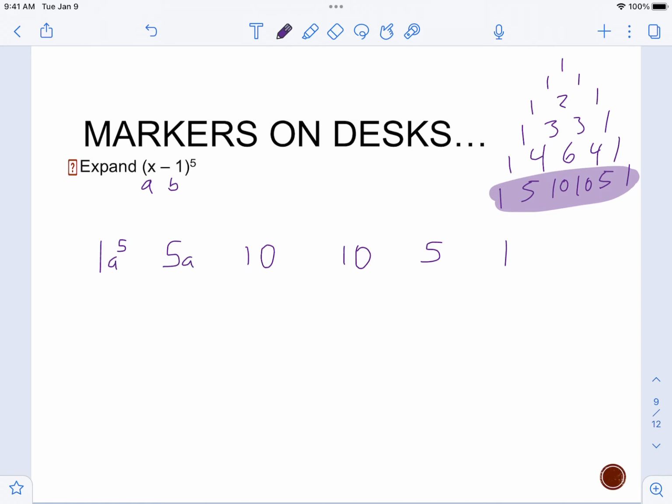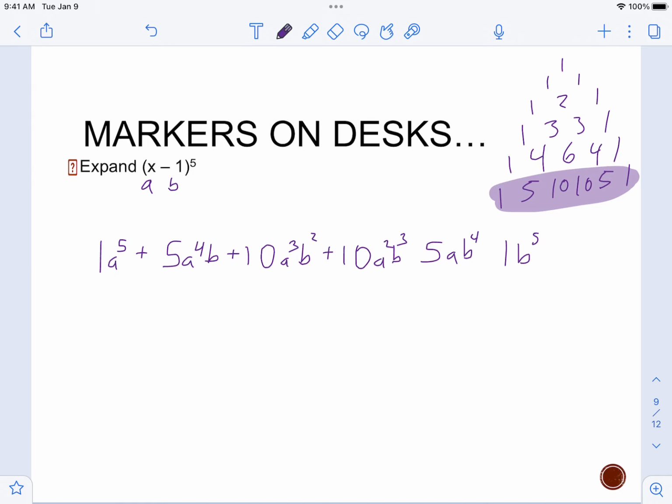So that's going to be a to the fourth, a cubed, a squared, a, and then a to the 0 power goes with the 1, which we just leave as 1. Now we'll do the same thing from the other direction for b. So b to the fifth, then b to the fourth, b cubed, b squared, b, and then b to the 0 power.